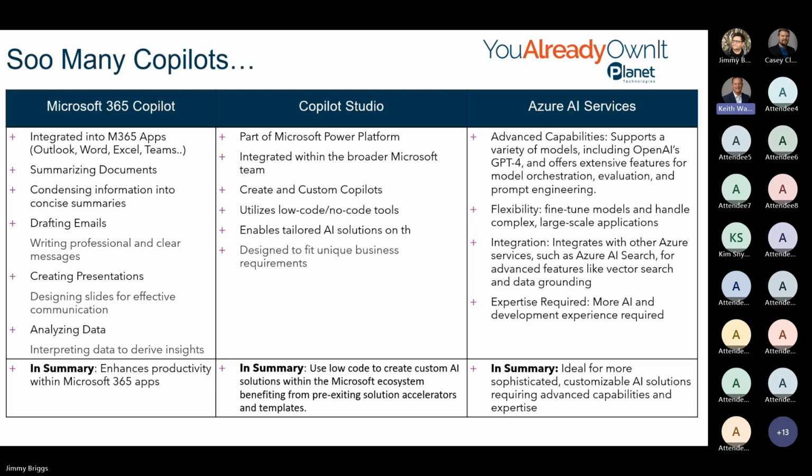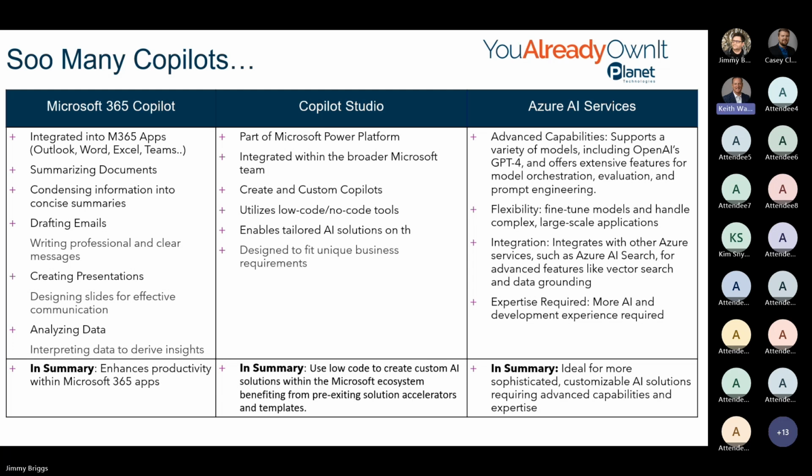Sorry if this is review for some of you, but the Microsoft 365 Copilot apps are the ones integrated into your Office apps. So the Copilot that sits inside the rich client or over the web as well, with Outlook, Word, Excel, Teams, etc. M365 Copilot is good for helping you draft an email, summarizing a document, creating a presentation, those types of things.